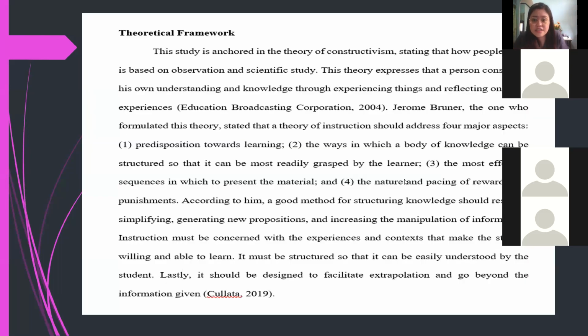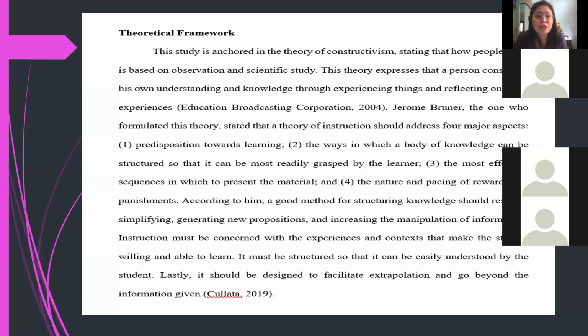Okay, so this is an example of a theoretical framework. This is still sa katong pharmacology atani. Yeah, sa pharmacology manual, development of the pharmacology laboratory manual. So sa pag-develop nako sa pharmacology laboratory manual, the study was being anchored in the theory of constructivism.